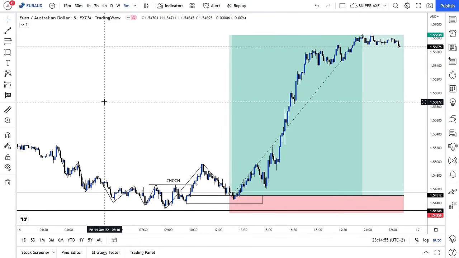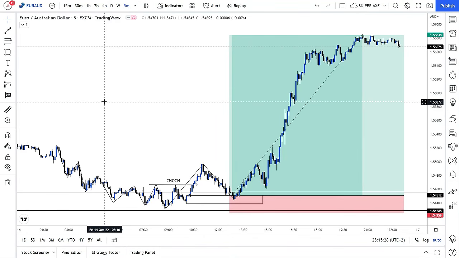When it comes to entries, when price comes into your higher time frame order blocks, you move to your lower time frames, either M1, M5 and M15. Those are the low time frames that I use to take trades. So inside the higher time frame zone of interest, or POI, that's where I look for my church or my first BMS, and I take my trades from there.